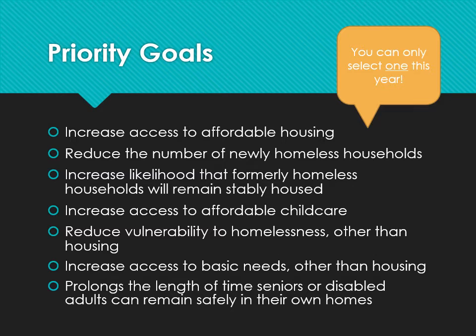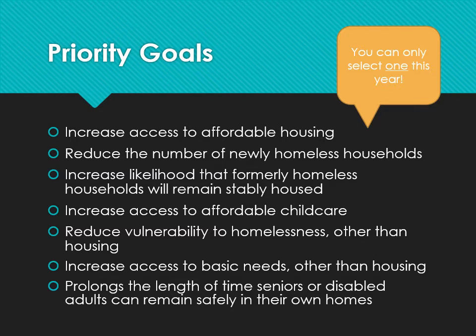As you can see, really, the first bullet is the goal that primarily is targeted towards those who are offering housing directly. The others are services which may or may not complement a housing program.